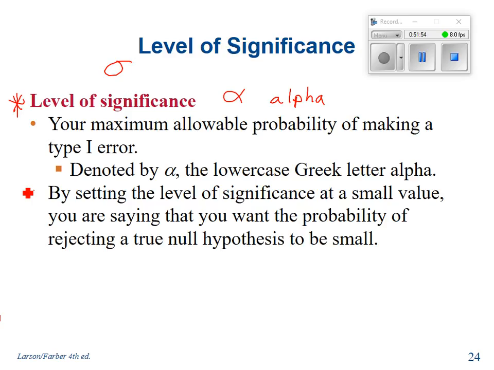It's going to be like 5%, 1%, 10%. When we make it small, by setting the level of significance at a small value, you are saying that you want the probability of rejecting a true null hypothesis to be small.